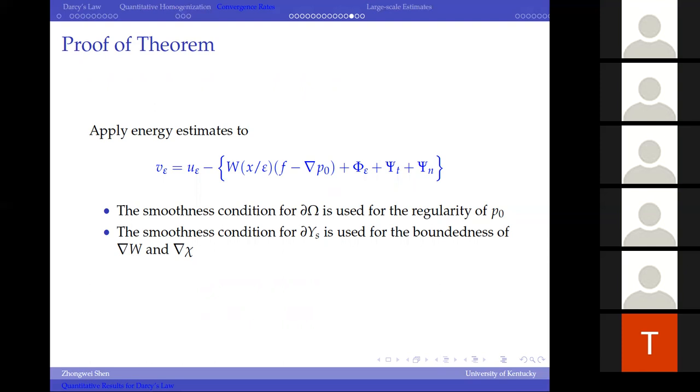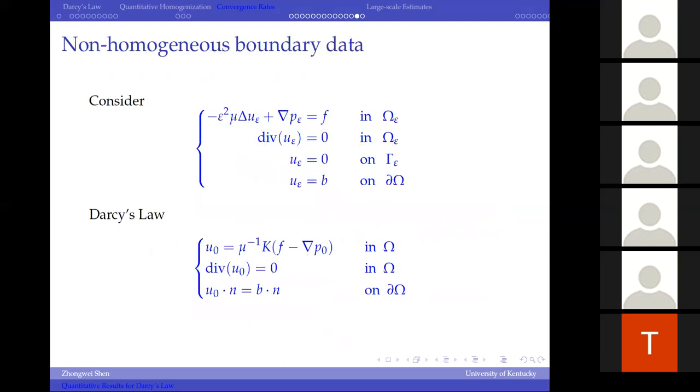Okay. All right. So we can also deal with non-homogeneous boundary data. That is, you assume u epsilon equals some function b on the boundary of omega. The Darcy law in this case becomes: the first two equations are the same, but the boundary condition is given by b dot n. So that's what I mentioned earlier. The limit u0 only depends on the normal component of the boundary data b there.